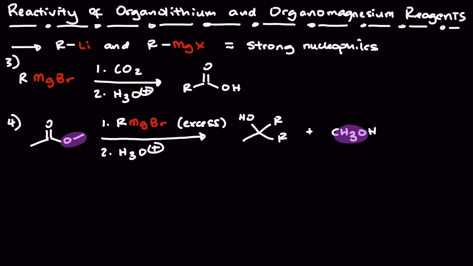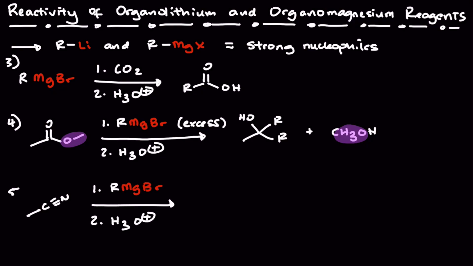And here's the product of that reaction. Grignards can react with nitriles. You would form an imine or a deprotonated imine, and then you use H3O+ to hydrolyze that imine back to a ketone, and then here's the product of that reaction.